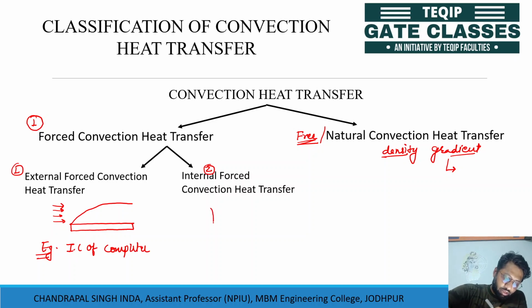And in internal forced convection, the fluid is allowed to flow through closed conduits or internal surfaces. An example application of this is in heat exchangers.